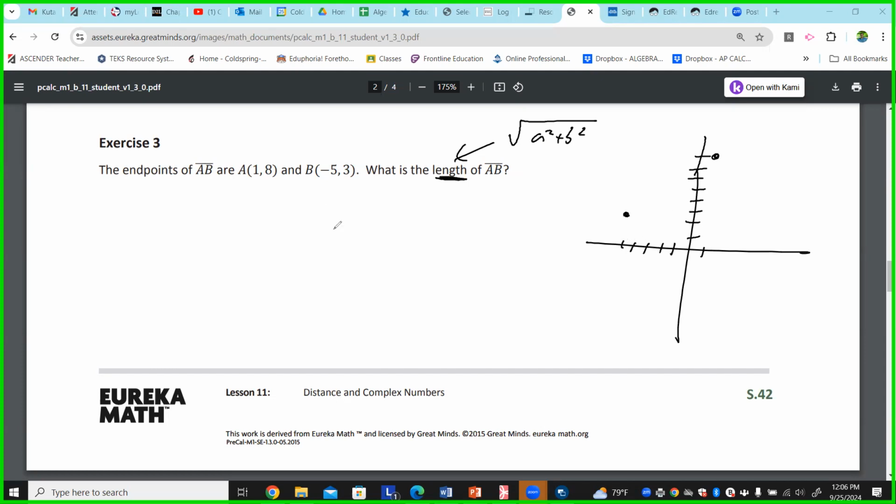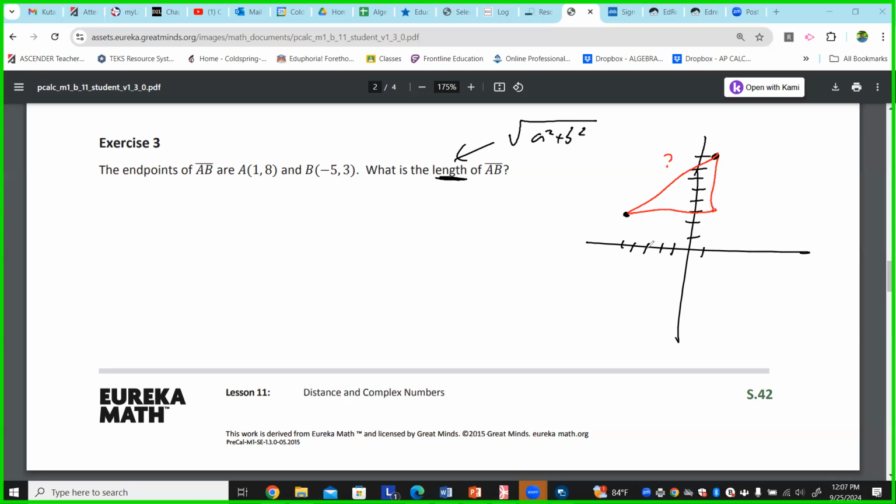So what we're trying to do is figure out what this distance right here is. Right? And beforehand, when we showed how to do distance, what did we form? A triangle, right? So we would have to go something like that.